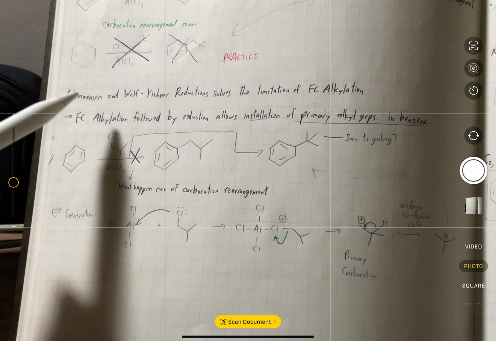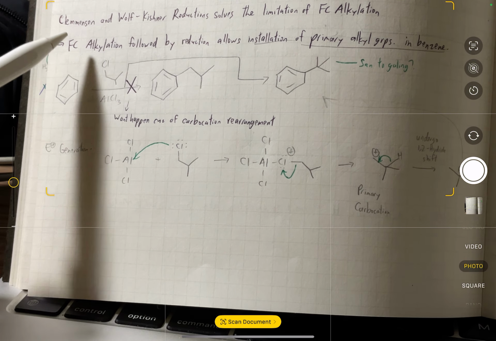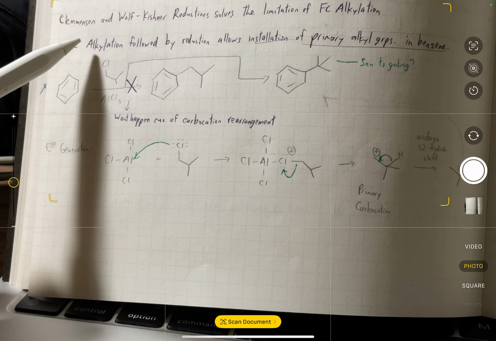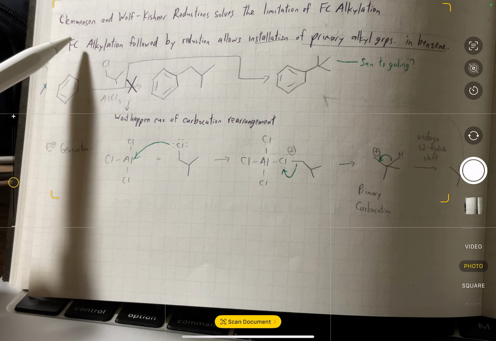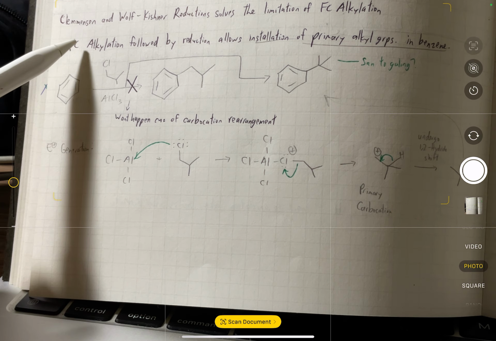So these reductions solve the limitation of FC alkylation. FC alkylation followed by reduction allows installation of primary alkyl groups in benzene.